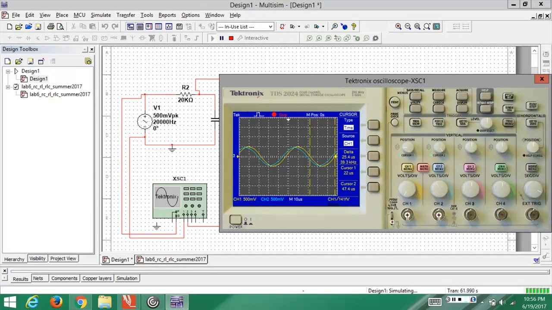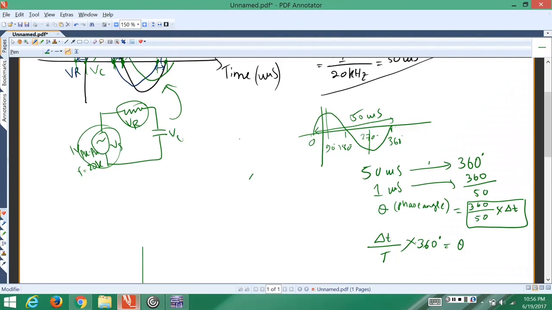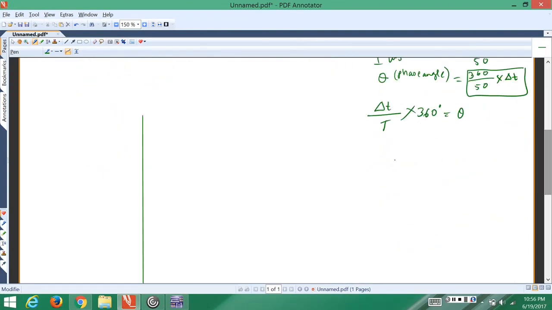So my del t would be 22 microsecond minus 18.9 microsecond. That would give me 3.1 microsecond.